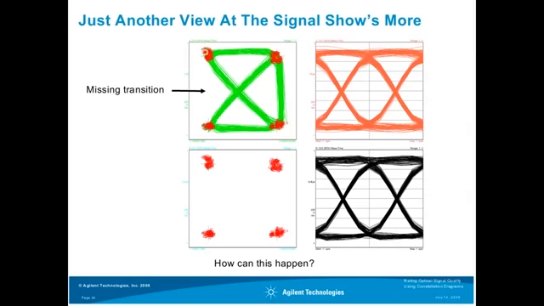And what is very interesting here is that there's no direct transition between these points. All transitions go via different vector positions. Again, the eye diagram gives us no indication about the root cause of this behavior.